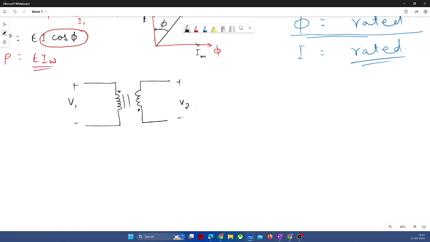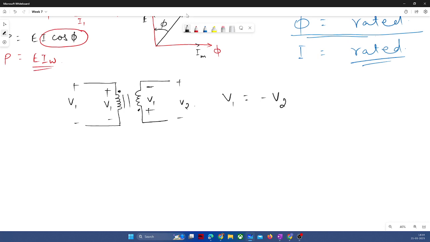It means you assume any dot for the reference, and whatever voltage appears there will have the polarity similar to your supply, right? And this same voltage will appear along the dot connected to that winding, right? So this V1 will be connected here in this fashion, and that will be equal to V2, minus V2, right? So V1 will become minus V2.